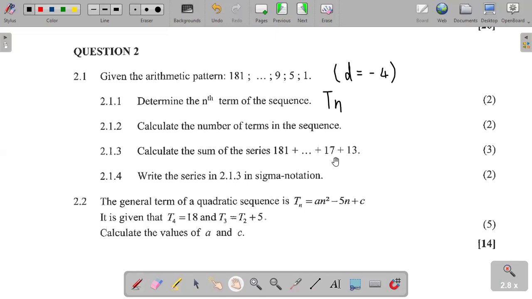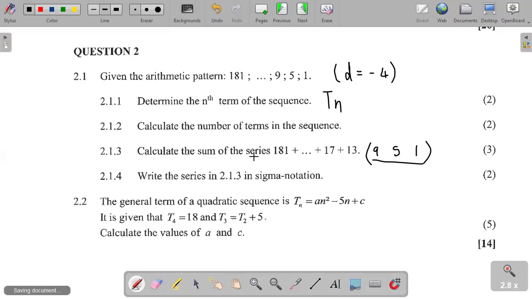So it's up to 13 because after 13 there'll be a 9, then a 5, then a 1. So these terms here are not there, okay? So there are 3 terms that were eliminated from this sequence.